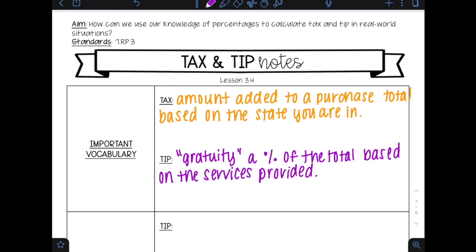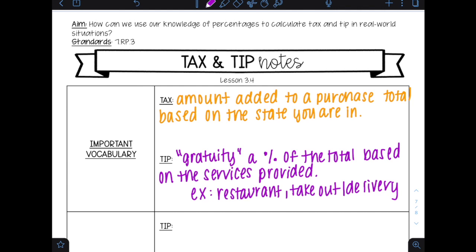So you can give a tip for delivery. You can give a tip for when you're eating out at a restaurant. So restaurant, takeout, delivery food. These are all things that you can possibly offer a tip for.